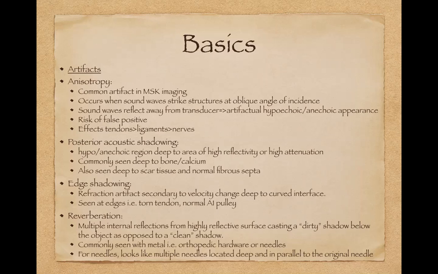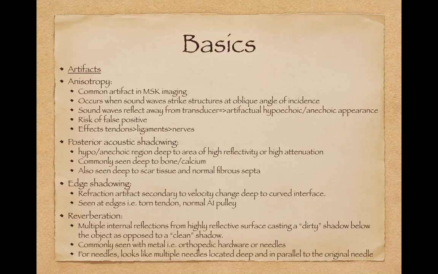The next artifact is posterior acoustic shadowing. You have a hypoechoic or anechoic region deep to an area of high reflectivity or attenuation, commonly seen deep to bone or calcium. It can also be seen deep to scar tissue or normal fibrous septum. Then you have edge shadowing, which is a refraction artifact secondary to velocity change deep to a curve in the surface, seen at the edges of tendons, torn tendons, or a normal A1 pulley.